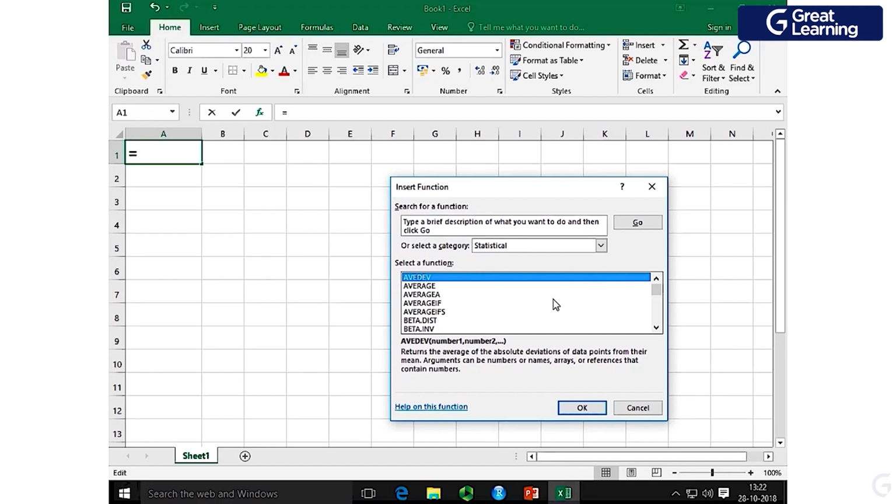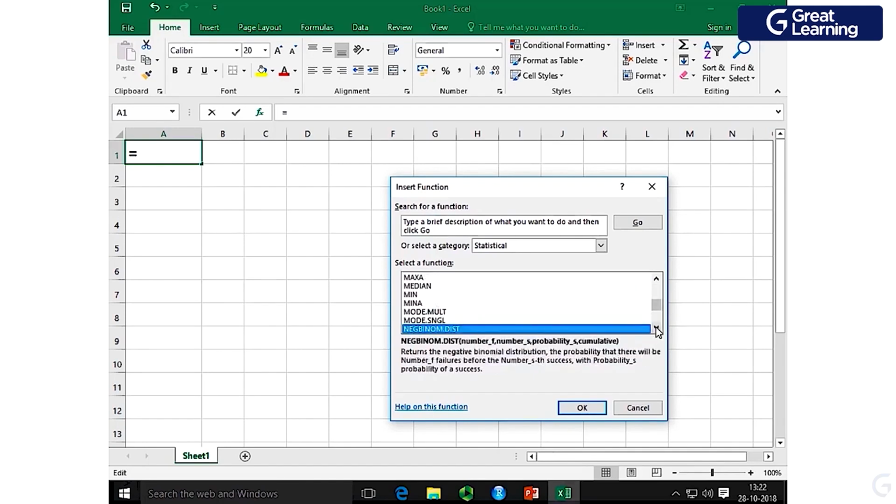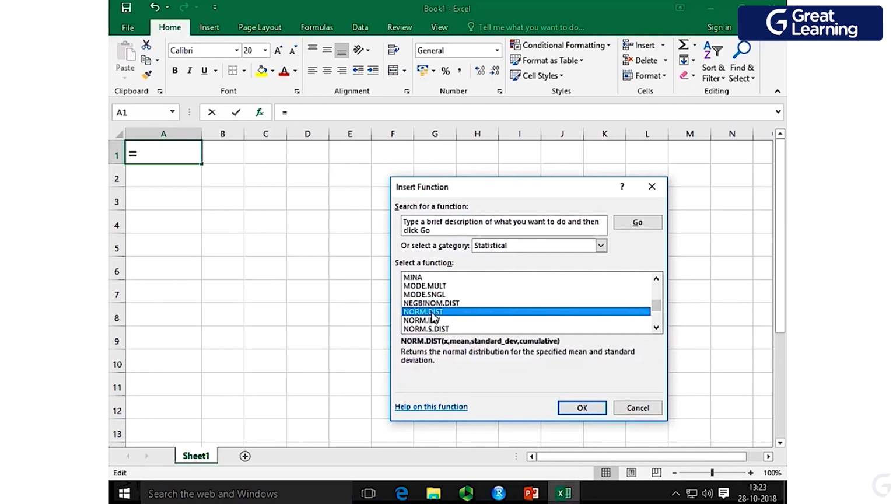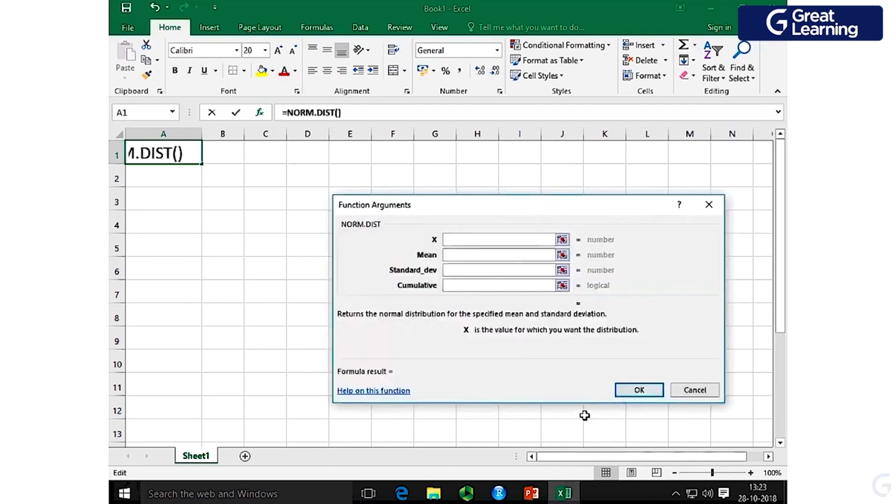In statistical, you just type N. You have here norm.dist appearing to help you. Now for norm.dist you press OK. You get a dialog box. X ordinate. Now first, the diagram, what I want.